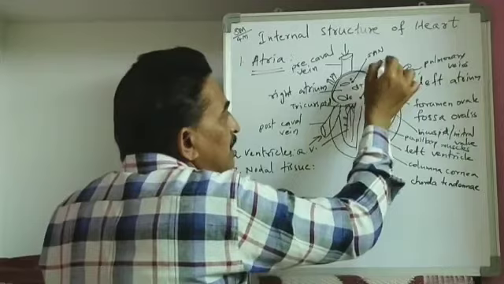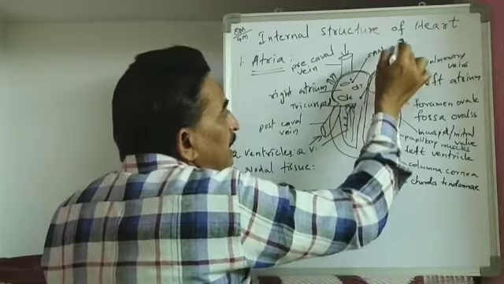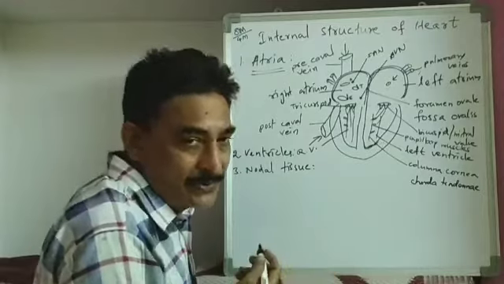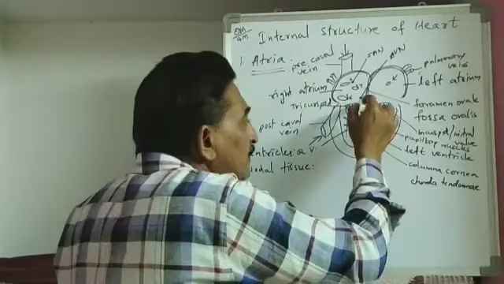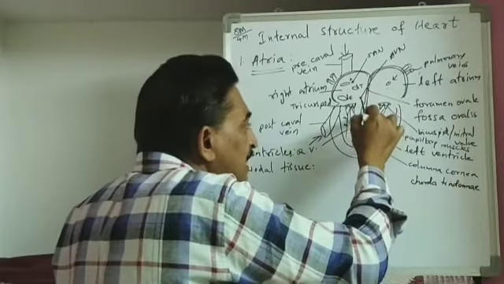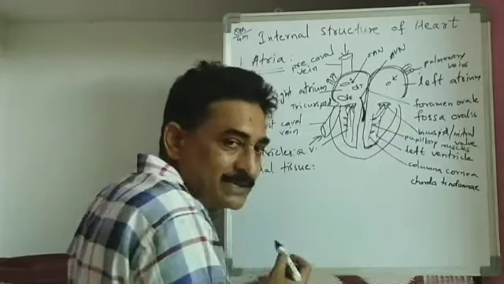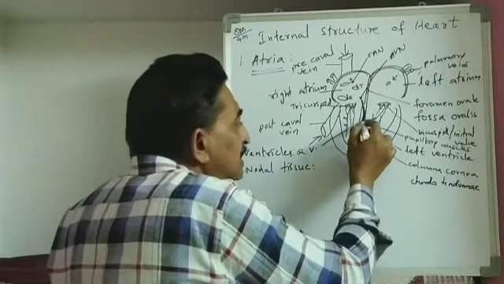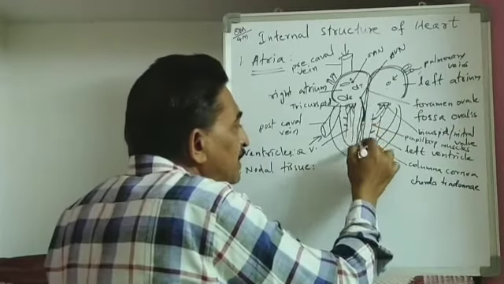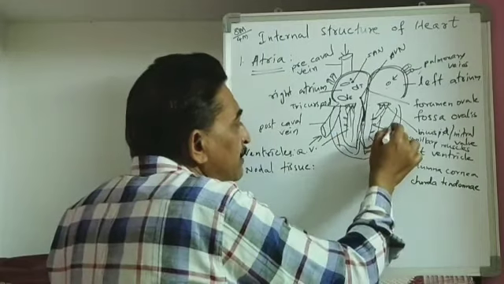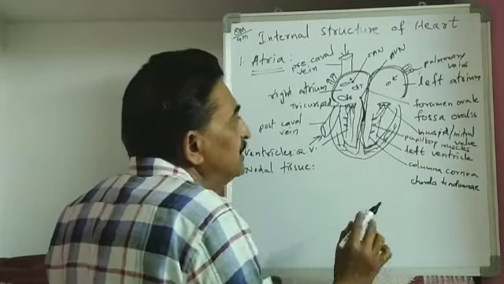This is called the AVN, auriculoventricular node. From this node, the bundle of His arises. It enters the ventricles and bifurcates into many branches, the Purkinje fibers.